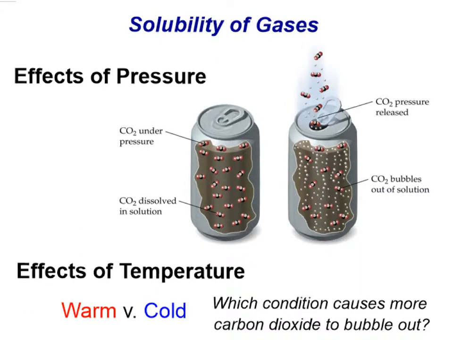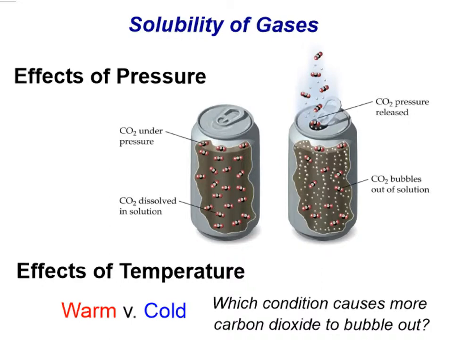Let's think a little bit about solubility of these gases. You are familiar with this because you drink carbonated beverages, and it shows us the effects of pressure on the solubility of gases. When these carbonated beverages are bottled, they're bottled so the pressure inside the bottle is greater than the pressure outside the bottle.